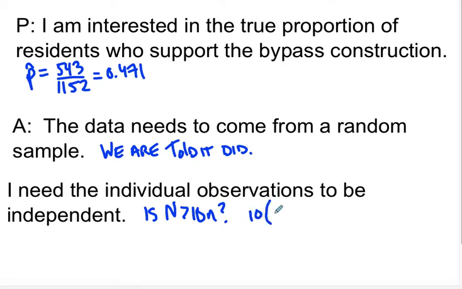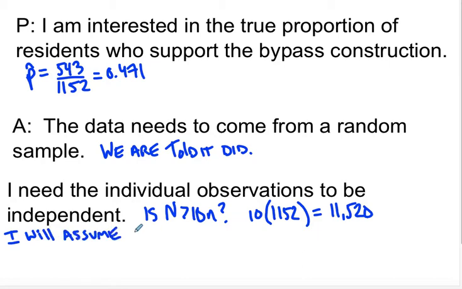Okay, our sample size was 1,152. So if we multiply that by 10, that's 11,520. So we're going to have to make a statement, something like, I will assume there are more than 11,520 what?